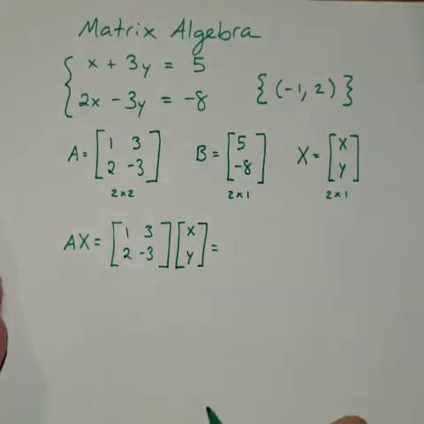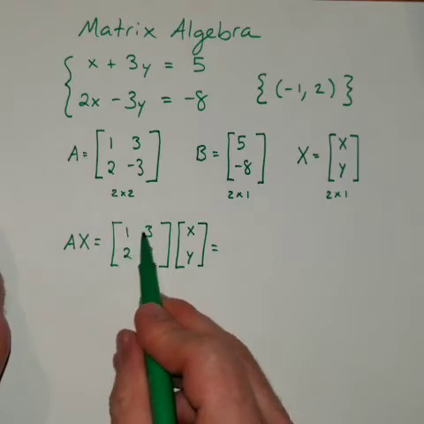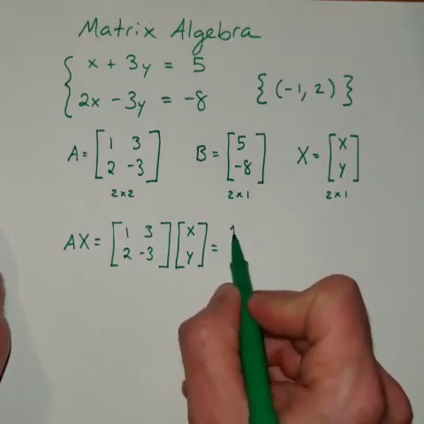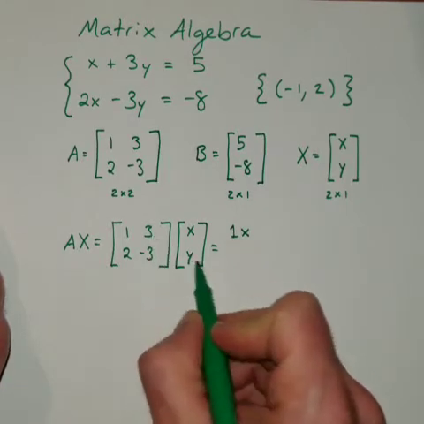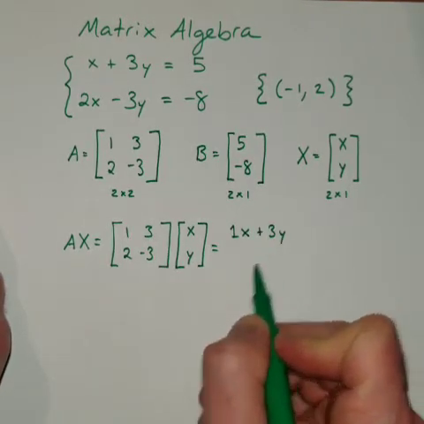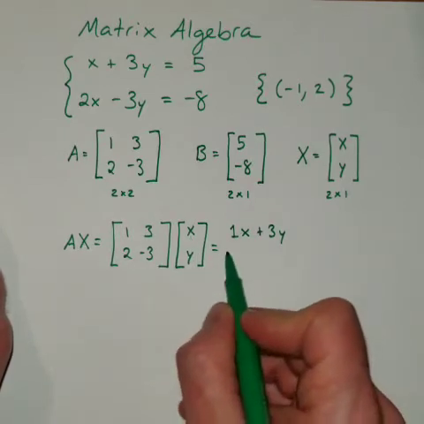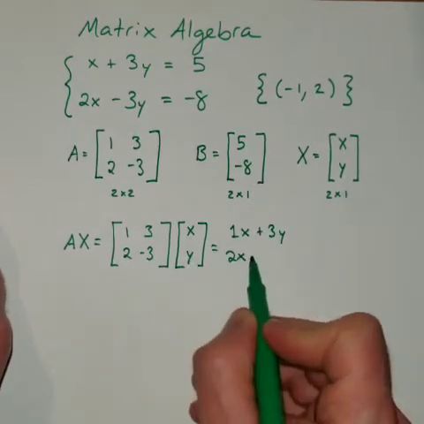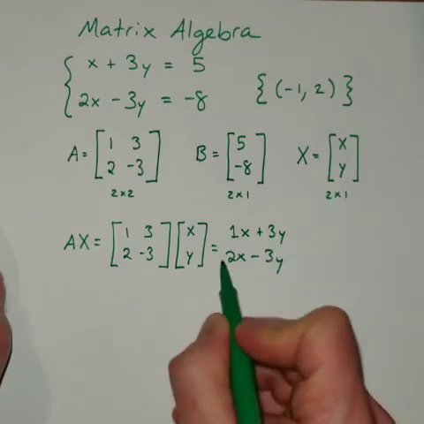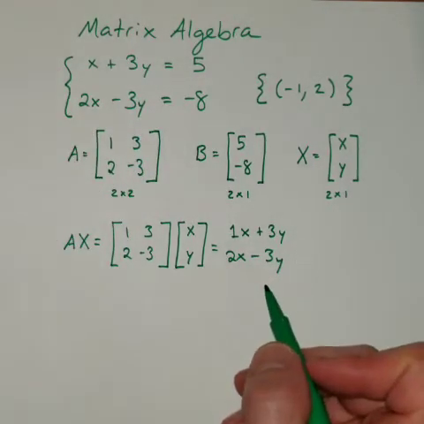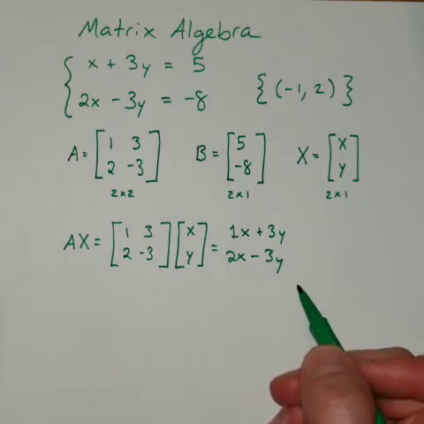And when we do our rows times columns, first row, first column, you get 1 times x, 1x, 3 times y. And then if you do second row, first column, you get 2 times x and -3 times y. And you create exactly what's on the left side of the original system by doing this.